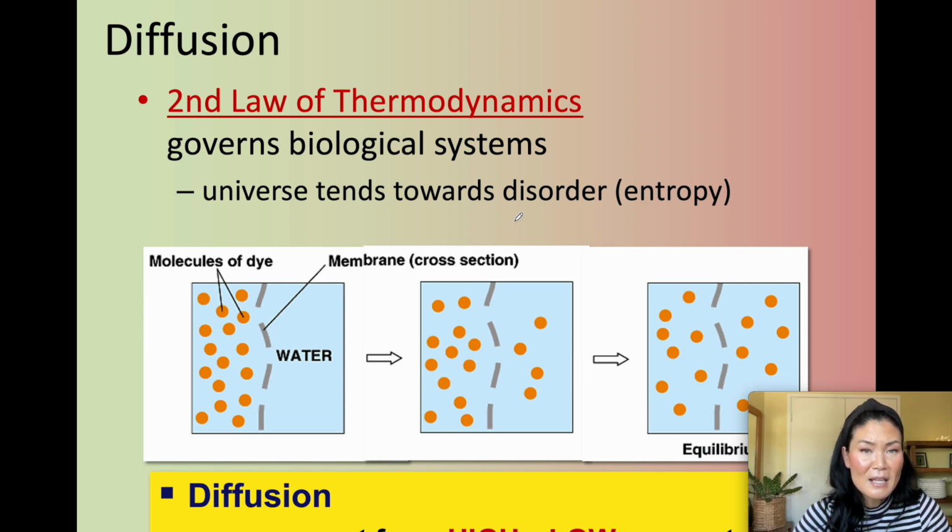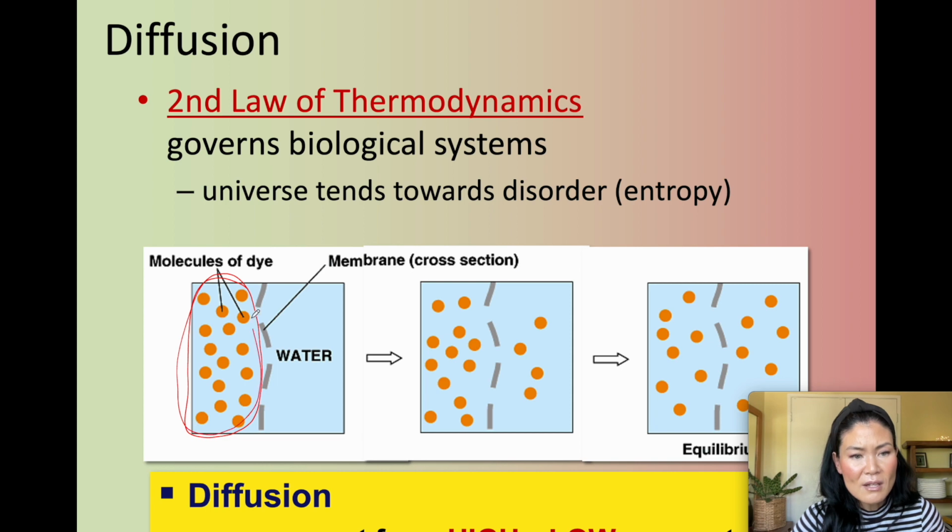That's an example of entropy. So if, for example, you have order in that you have a high concentration of molecules on one side, well, diffusion, because of entropy, those molecules are going to move and scatter. They're going to spread out until equilibrium is reached.